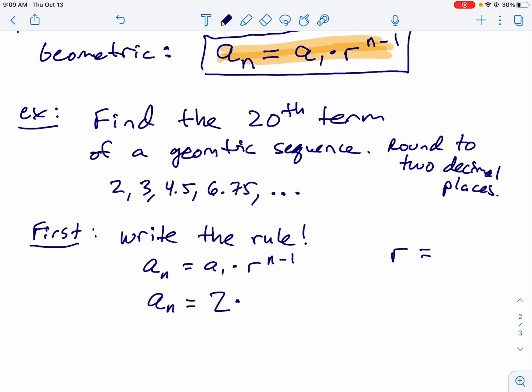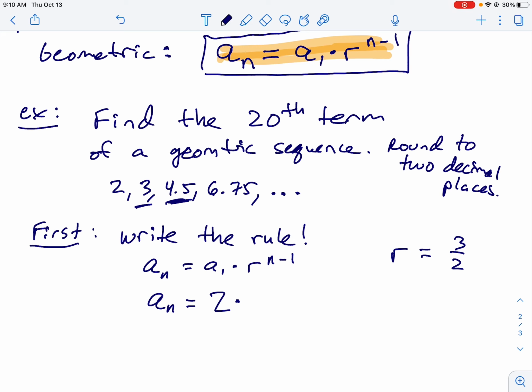There are 3 different ways to calculate the ratio, and they all lead you to the same answer. Alex, what do you think? Divide. Divide what? 3 divided by 2. So 3 divided by 2. What's another option that would give me the same answer? I could do 4.5 divided by 3 if you wanted to, right? Doesn't matter which ones you do.